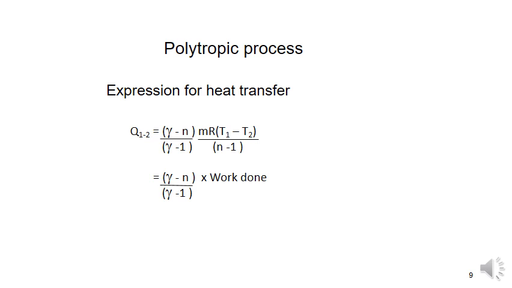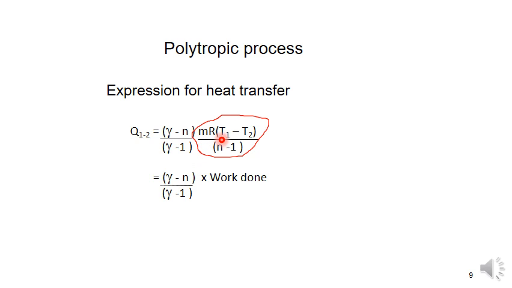This equation represents the expression for the work done during the polytropic expansion process. So the heat transfer Q12 is (gamma minus n) divided by (gamma minus 1) into work done.